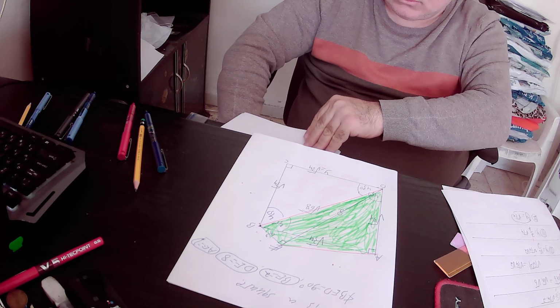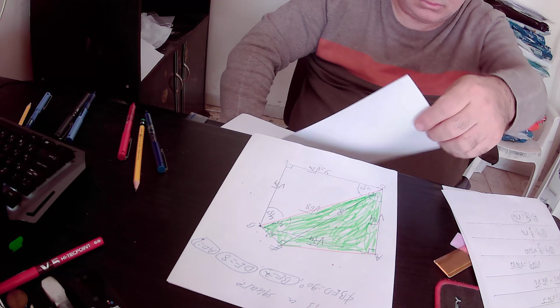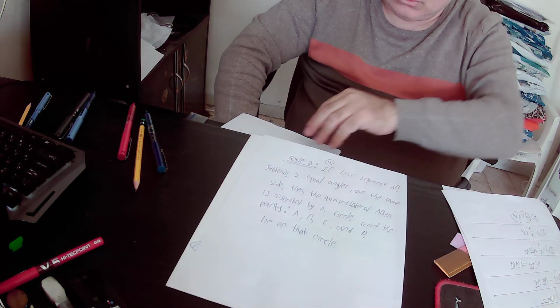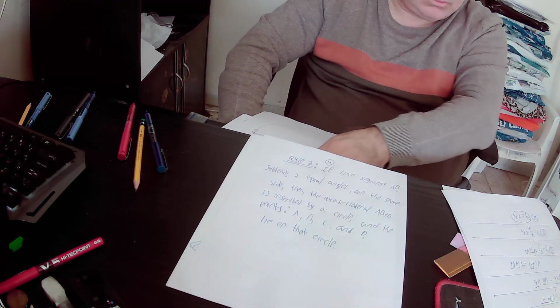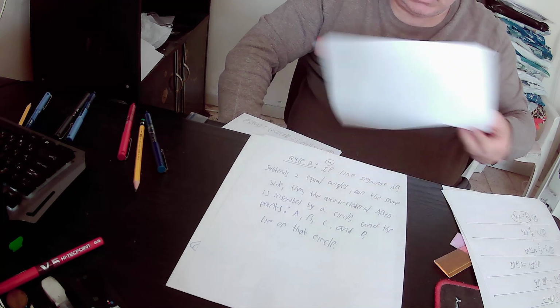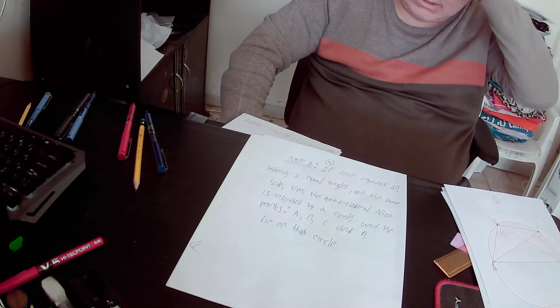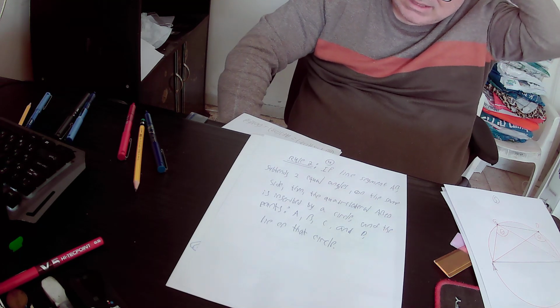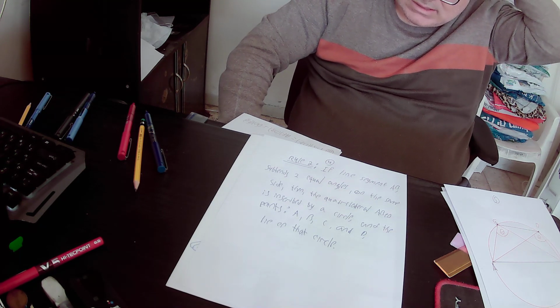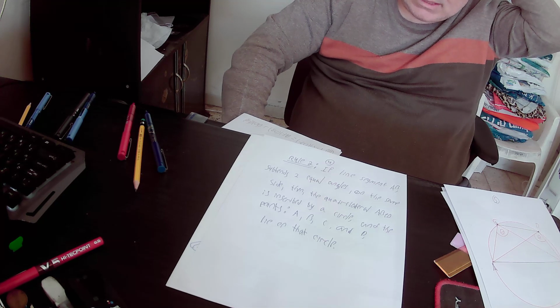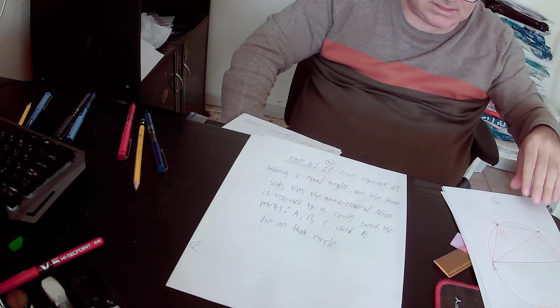Then I presented to you rule number 2. According to rule number 2, if line segment AB subtends two equal angles on the same side, then the quadrilateral ABCD is inscribed by a circle, and the 4 points A, B, C, and D lie on that circle.